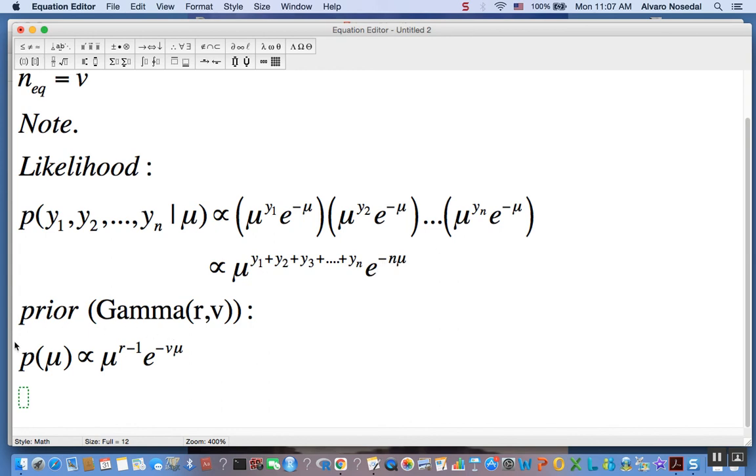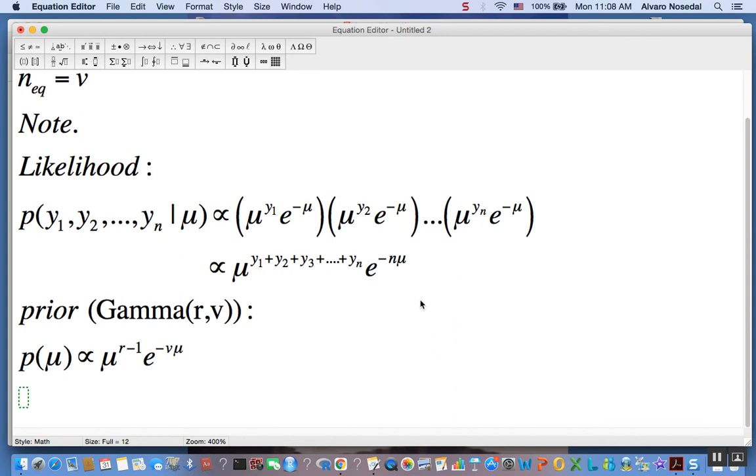If I'm using this as a prior, it is as if I had observed a sample of size v. Make sense? Got it?